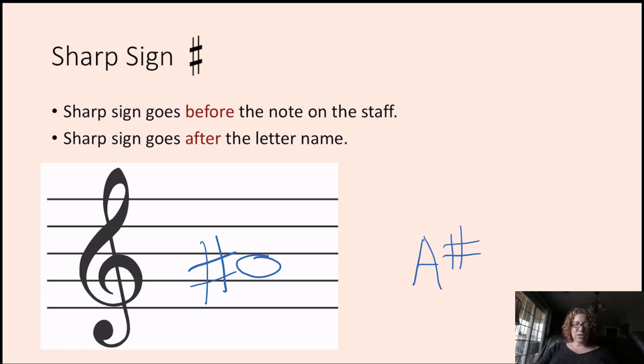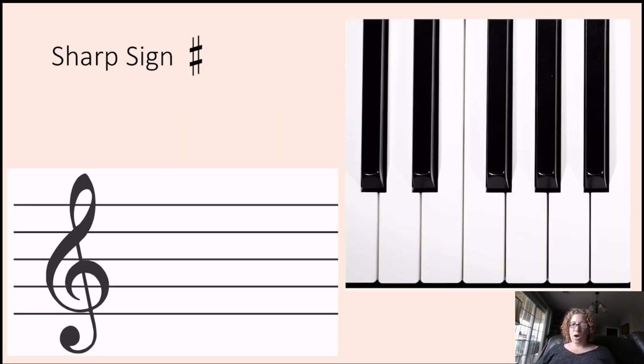Okay, so let's do a couple more sharp examples because I want to show you something. If I look at this keyboard and I say, where is E sharp on the keyboard? And you're like, well, here's E, which means the note directly to the right, a half step up, must be E sharp.